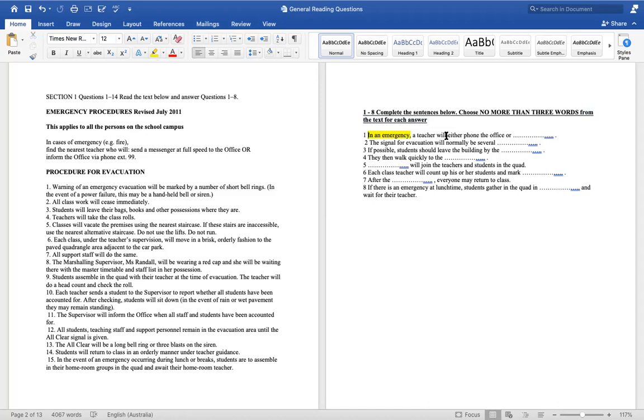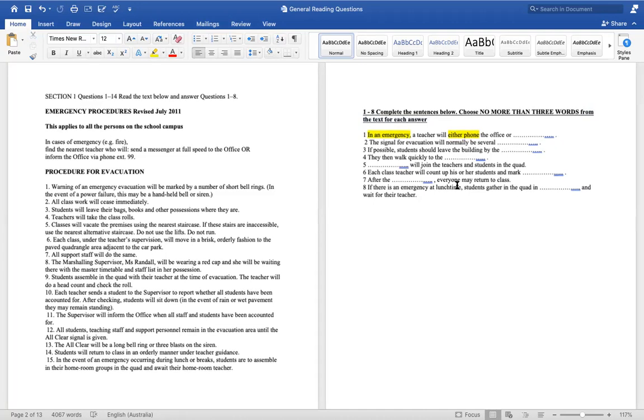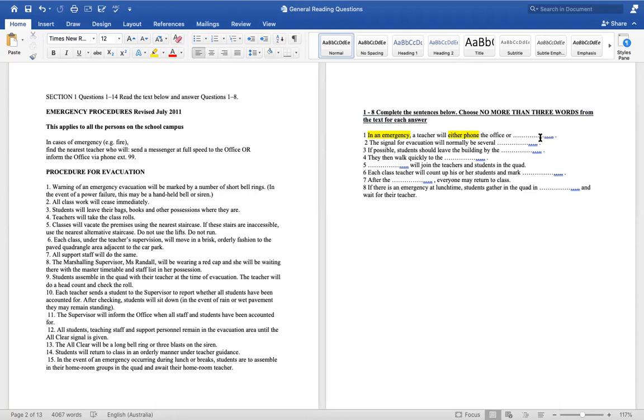Words like either are called qualifiers. Either or, neither nor, some, most, all, these are called qualifying words, so pay attention to them. Either means they're giving a choice. So in an emergency is our keyword, we underline or highlight it.